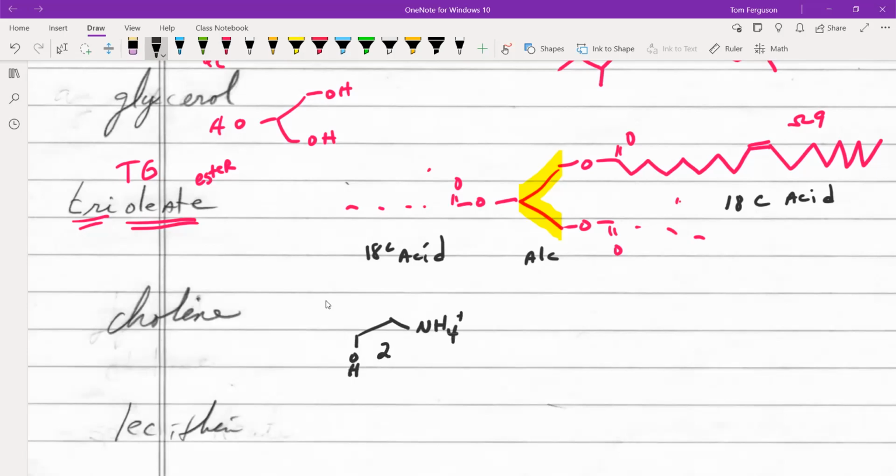So it's 2 carbons long. And on one end it's got an alcohol, the other end it's got an NH4 group. You heard the term acetylcholine, the neurotransmitter, and the enzyme that reestablishes that is cholinesterase. This is involved with this guy here.